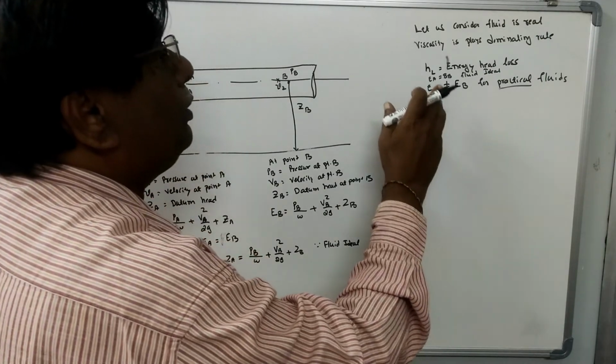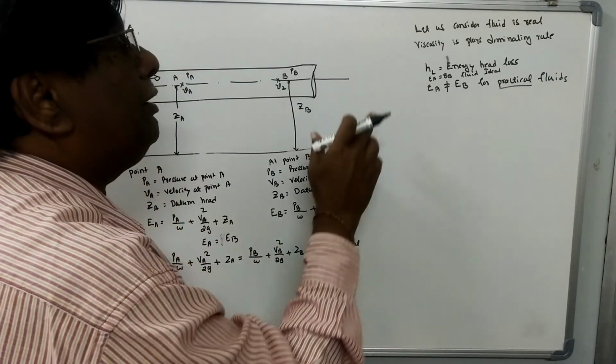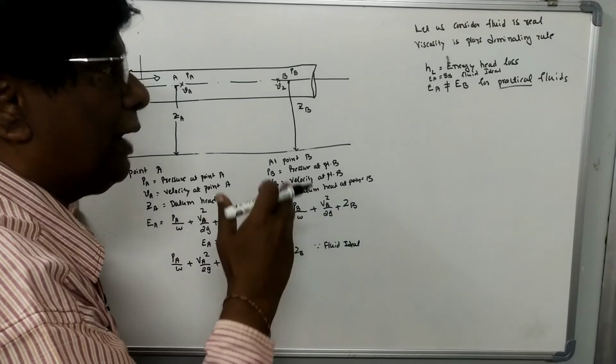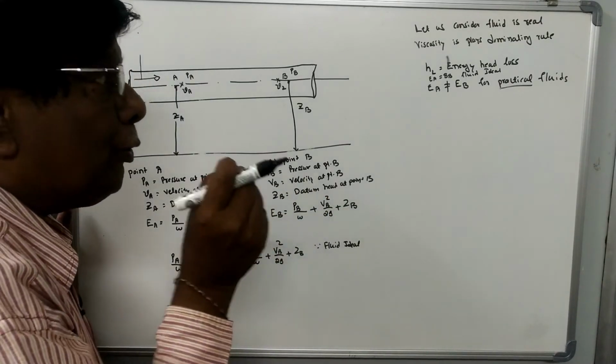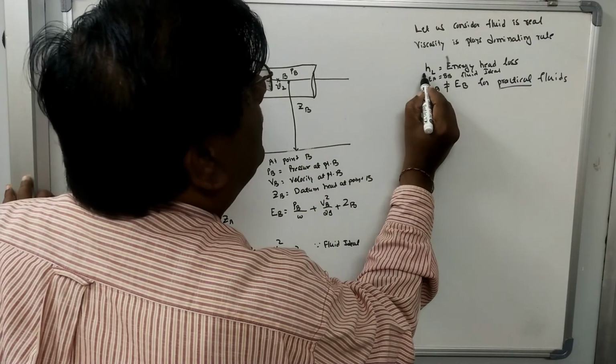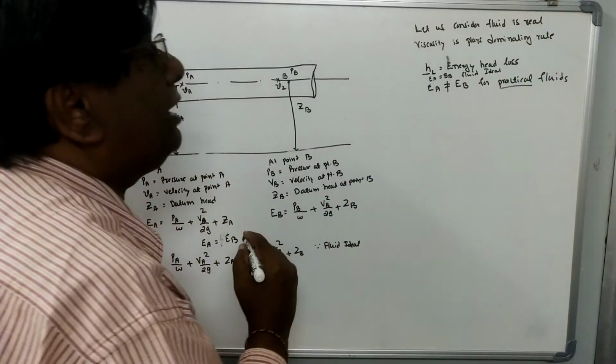So to apply Bernoulli's energy equation for practical fluids, you introduce a term HL, which is the head loss.